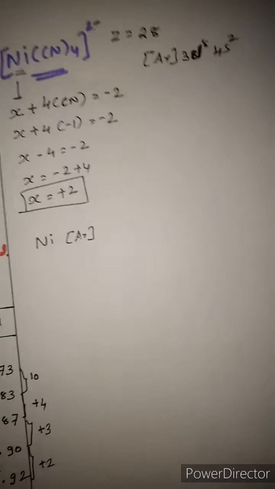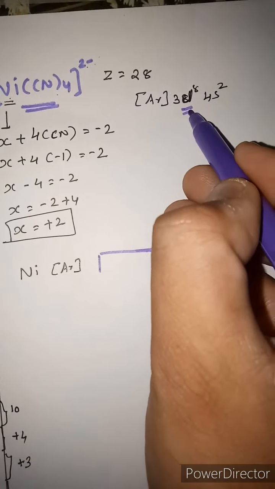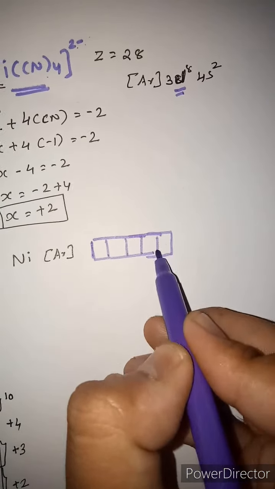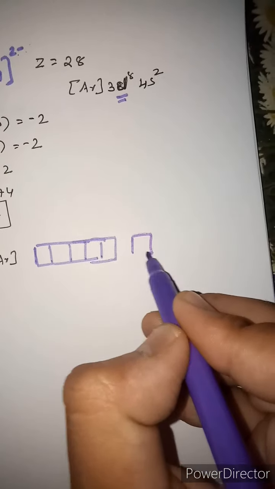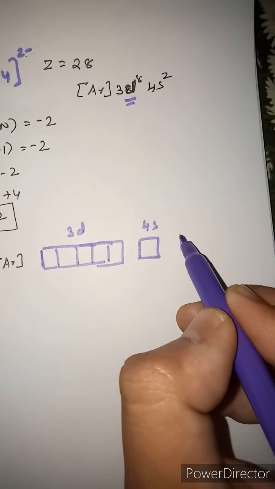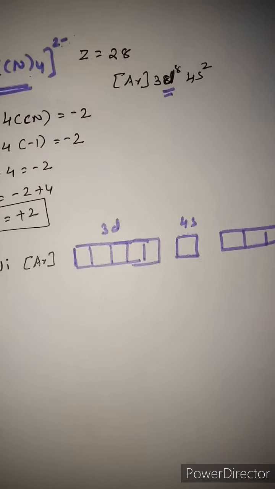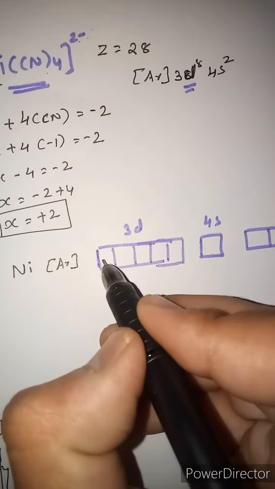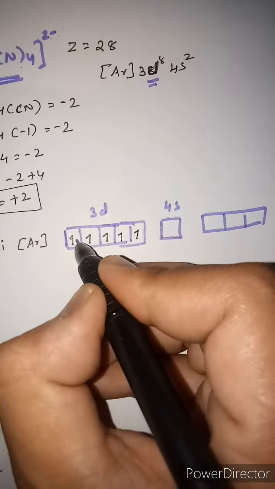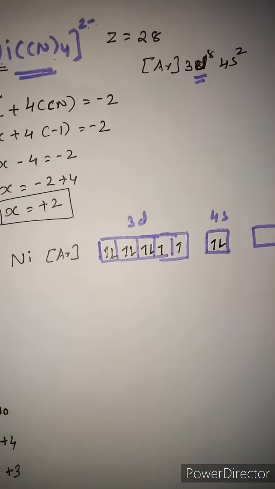First of all, you can see 3d, so I'll make the d block: 1 2 3 4 5. Here this is 3d, this is 4s, and after 4s we get 4p. So p has 3 blocks. Now arrange this electronic configuration in the d orbital: 1 2 3 4 5 6 7 8, and 4s2 up and down.